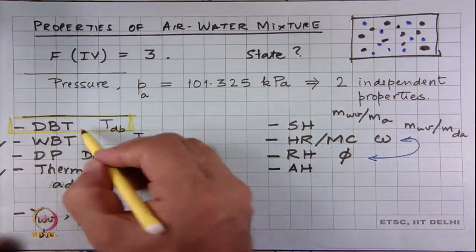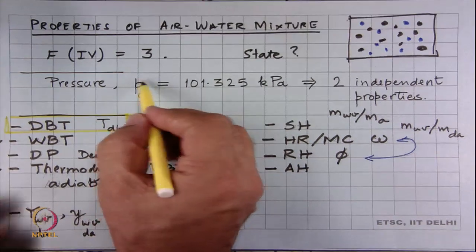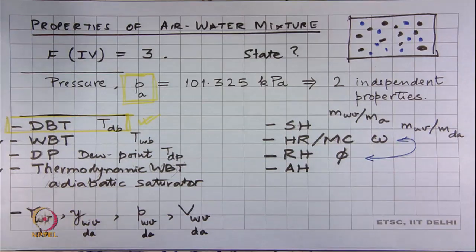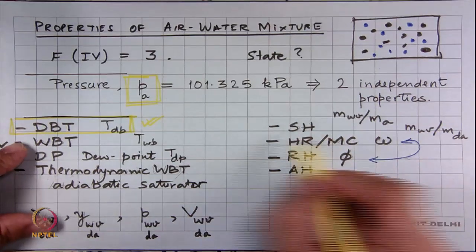So, this is the second property. Pressure was our first property, and then the other property which is taken as independent, and is useful in the way engineering of air conditioning systems is done, is omega.